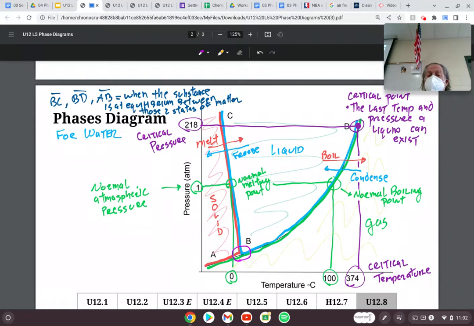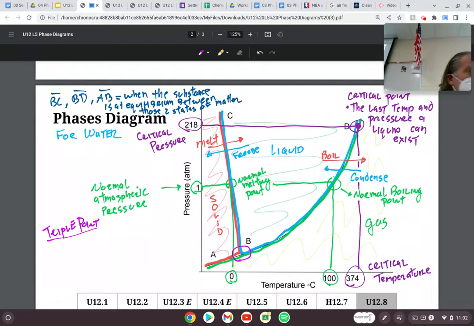But I purposefully made that circle pretty big to indicate that it's kind of coming to a point at three different states of matter. We call that the triple point. Okay.